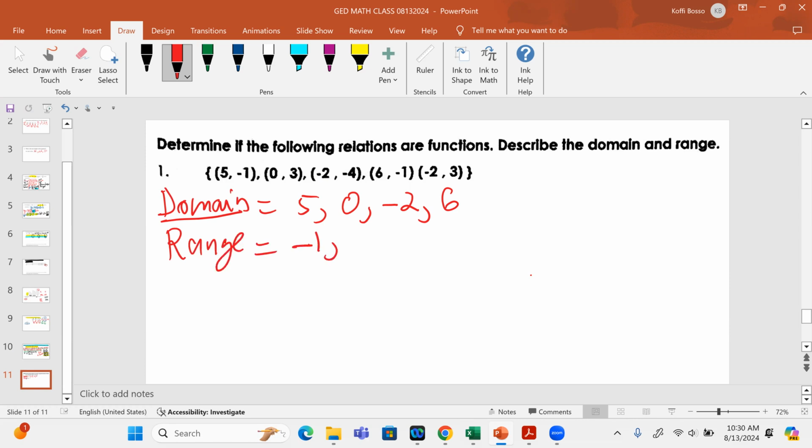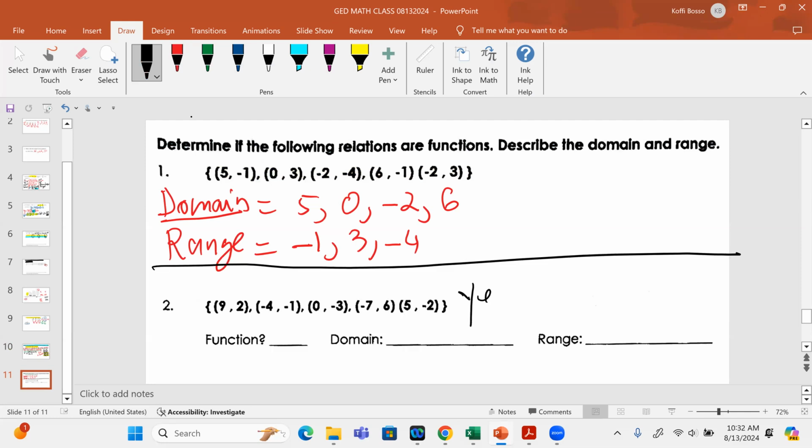Negative 1, 3, negative 4, 3. No, you have 3 already, so that's it. So you have 5, 0, negative 2, 6, and the range negative 1, 3, negative 4. Exactly. So no x value here is repeating. So yes, it's a function.